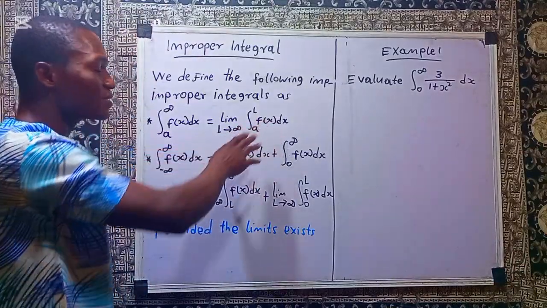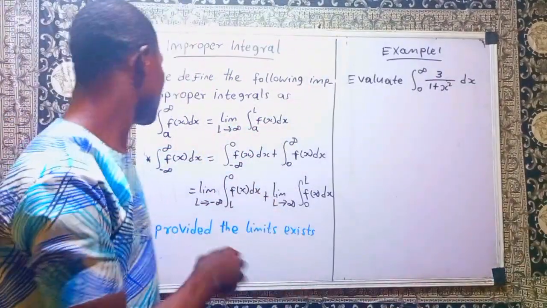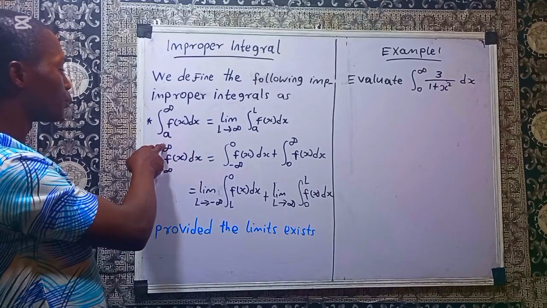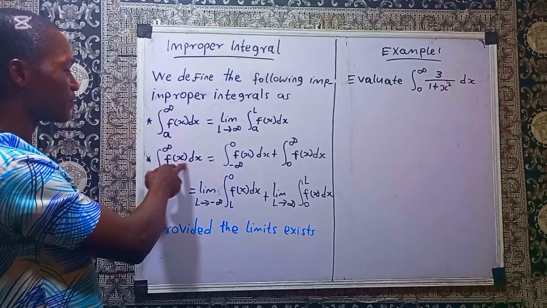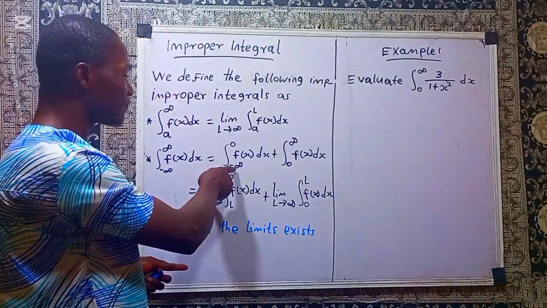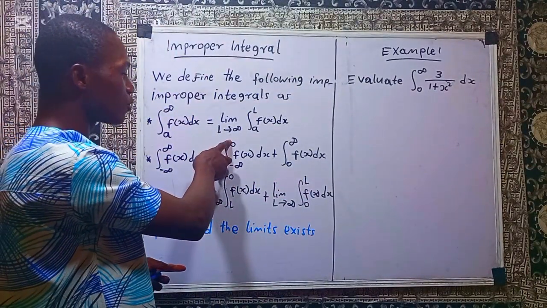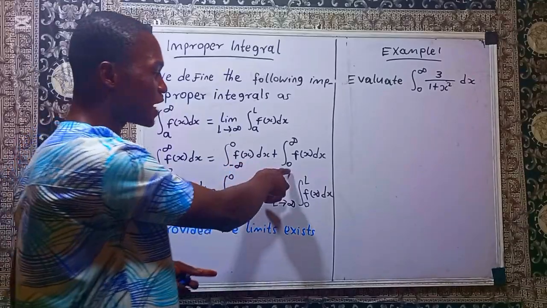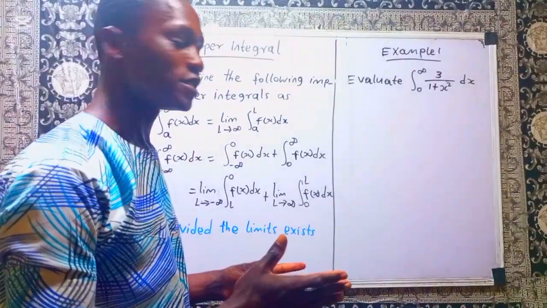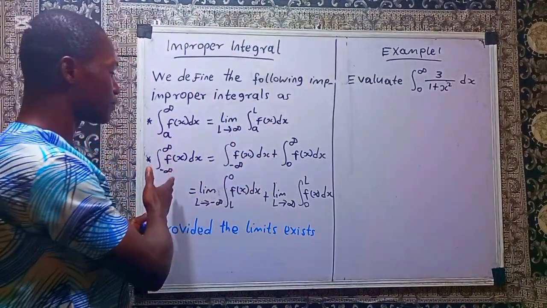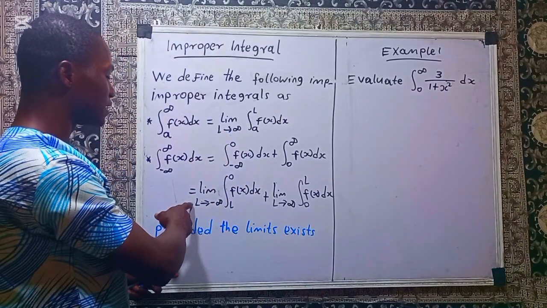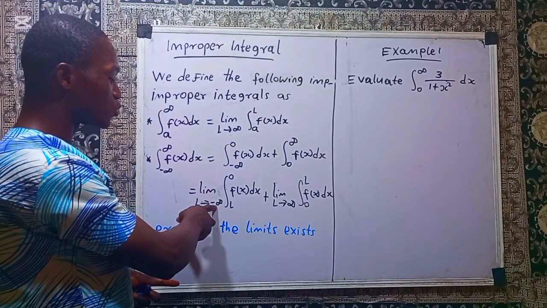So this is the definition, and another definition is integral from negative infinity to positive infinity of f of x dx. You can break the integration into two, equal to integral from negative infinity to 0 of f of x dx plus integral from 0 to positive infinity of f of x dx. So this is the way you can break it down. Then for this first one, the definition is limit as L goes to negative infinity.